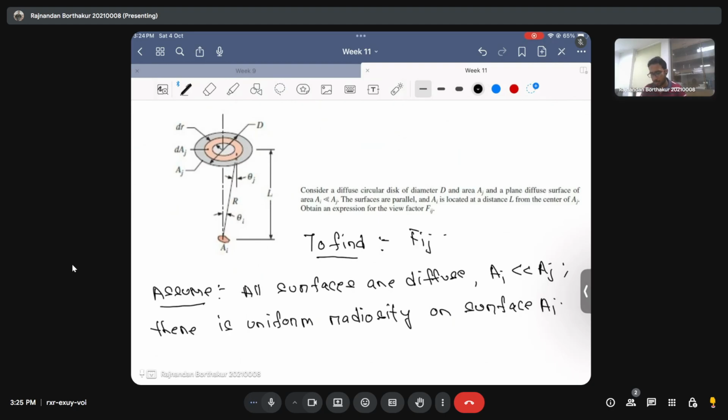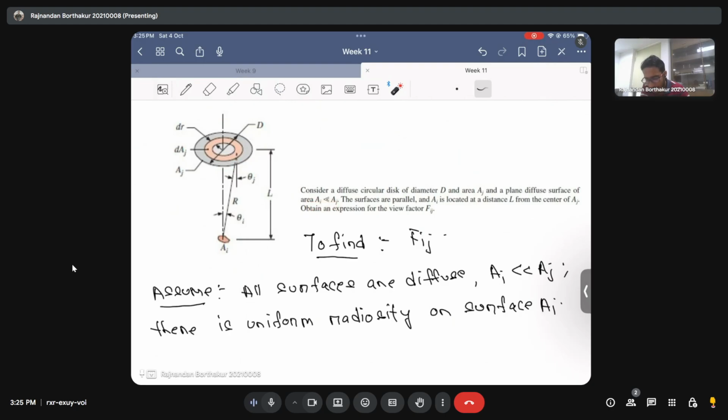As you can see from your screen, let's read the question once. It says: consider a diffuse circular disk of diameter d. This is the disk, and its area is given as Aj, and a plane diffuse surface of area Ai, which is this. Ai is much less than Aj.